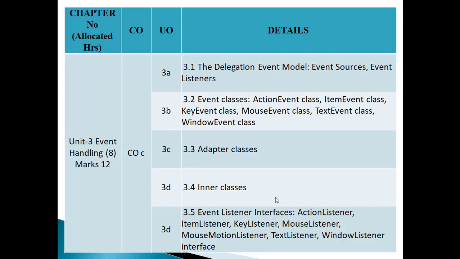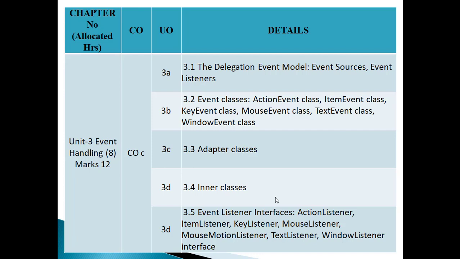Next is the adapter classes, third point. Fourth is the inner classes, the classes nested within another class are called inner classes. And what is the advantage of use of adapter class, and what is the advantage of use of inner class? These advantages or advanced features we are going to study in these points.